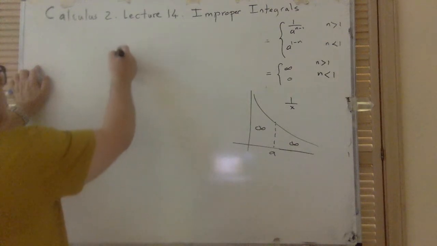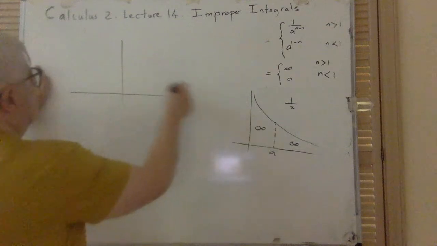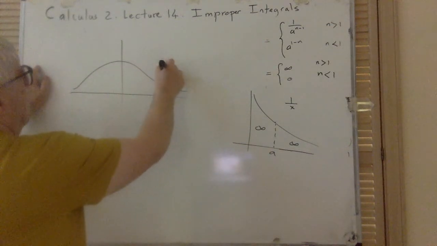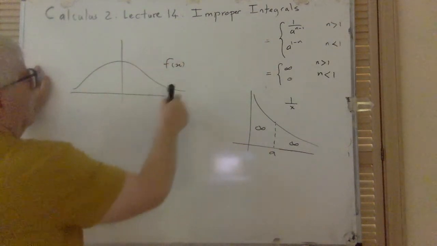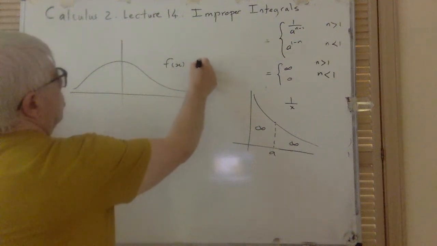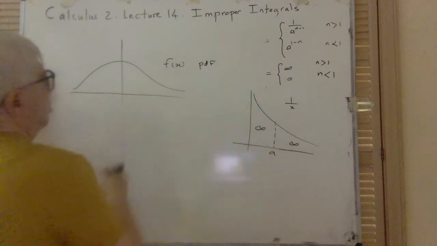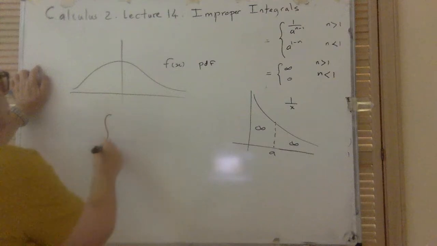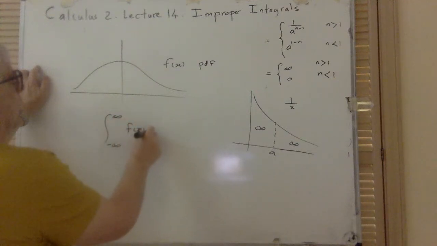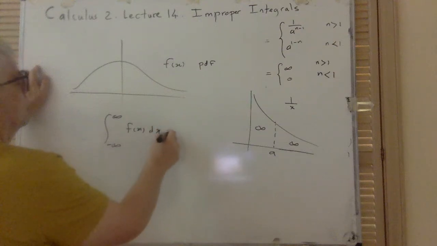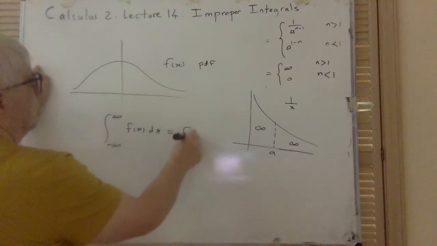If it is a density function of probability, which we call a PDF, then it should be finite from negative infinity to positive infinity.